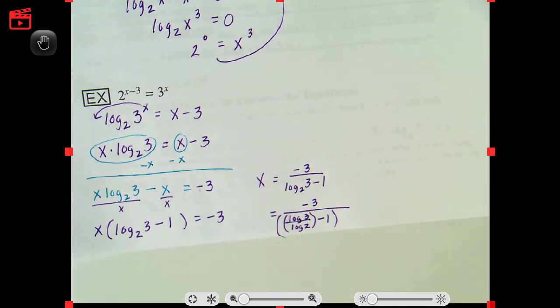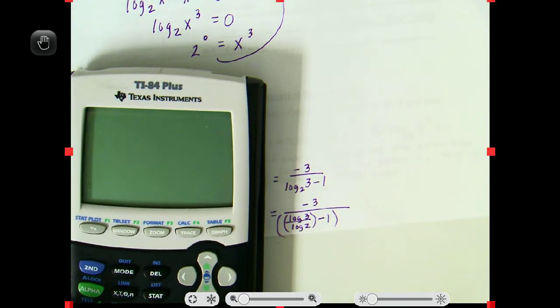So I'm going to show you on the calculator how to type this in. So it would have to be like this. Negative 3 divided by. This set of parentheses is just to close my whole denominator. This next parenthesis is just to do that fraction with the logs. So it would be log 3.